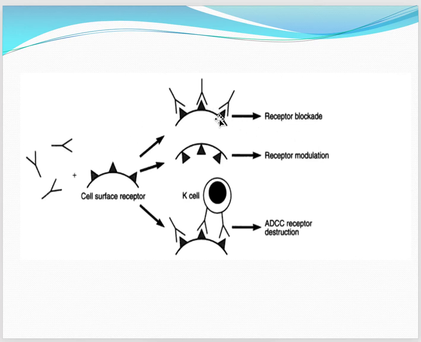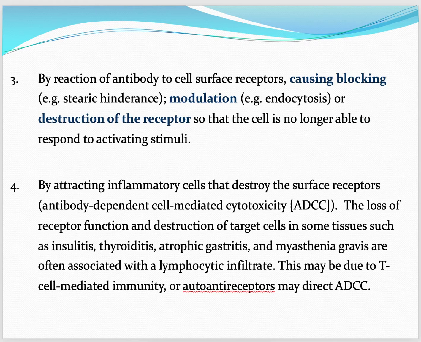Or after the antibody binds with the receptor, endocytosis can occur. This is called receptor modulation. If endocytosis occurs, the receptor will no longer be functional. Or the antibody after binding can just destroy the receptor.